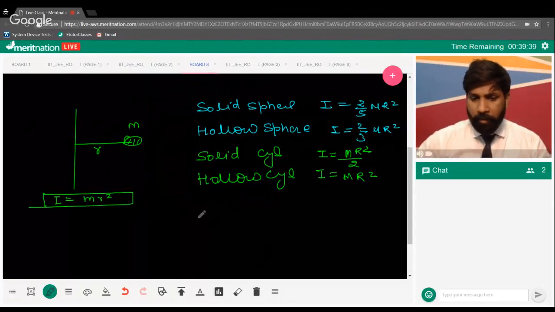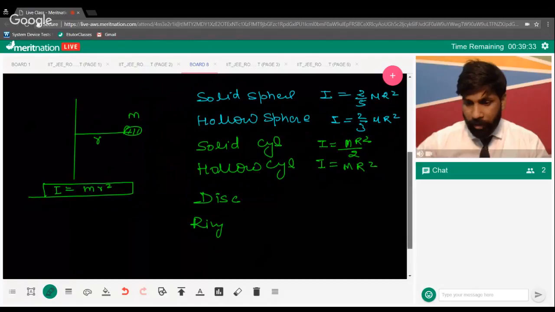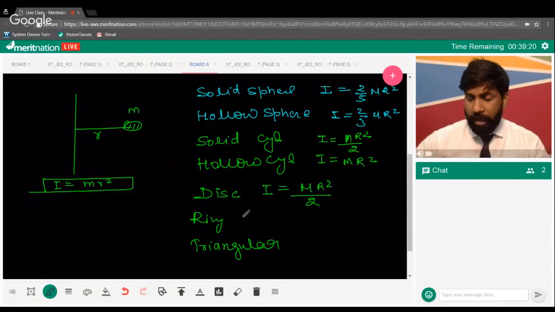Similarly, if you talk about the disk, ring, or triangular plate. For disk, I is equal to mr square by 2, and for ring I is equal to mr square.